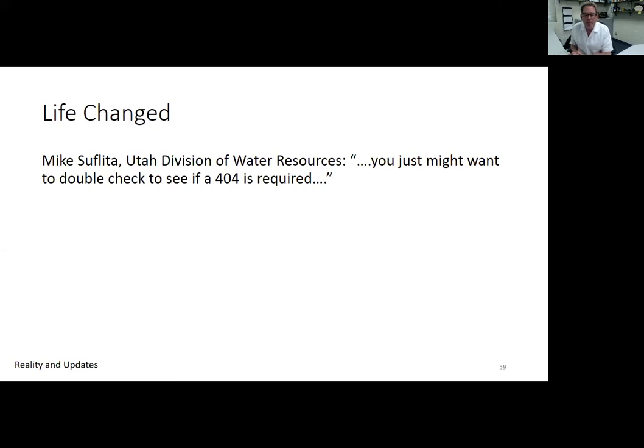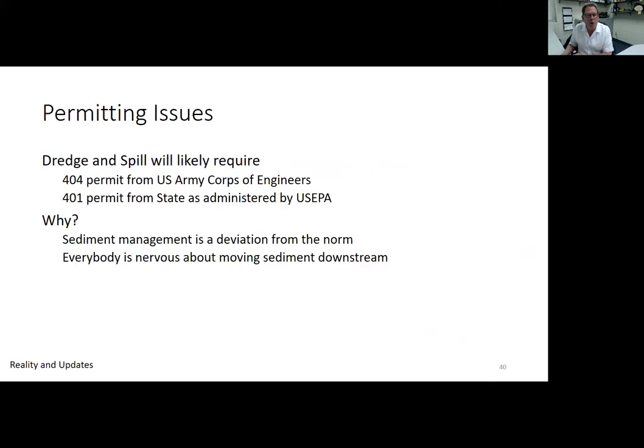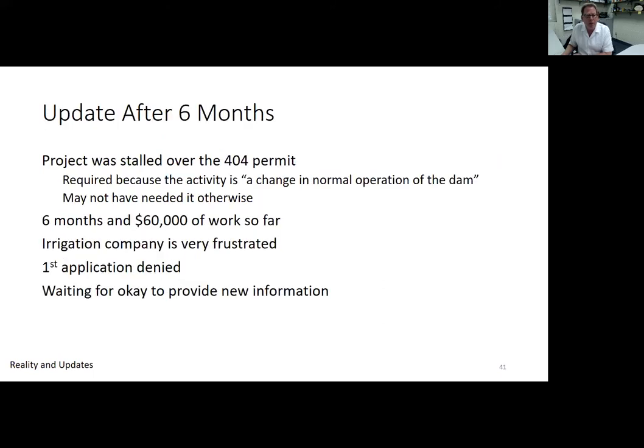But then a colleague of mine at the Utah Division of Water Resources suggested I might check to see if we need a 404, and of course I did. That's because they had not dredged or removed sediment from the reservoir before, and it constituted a deviation from the norm. Also, people are pretty nervous about introducing sediment to a river.